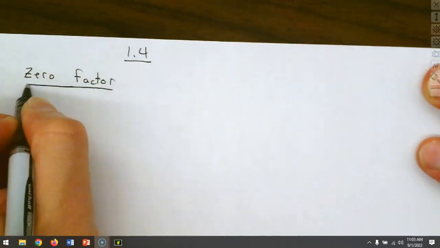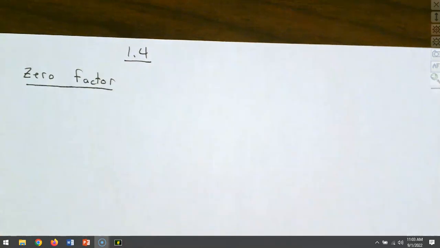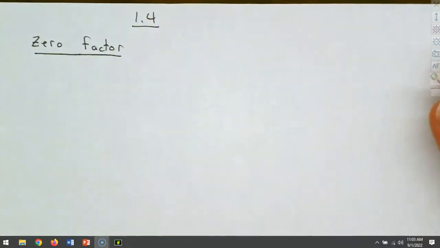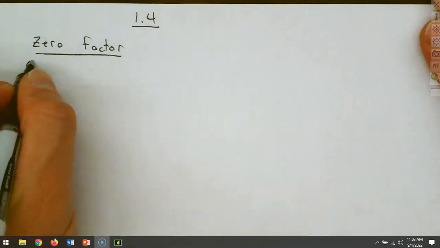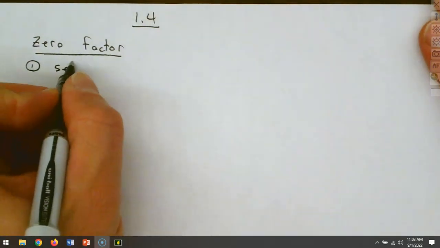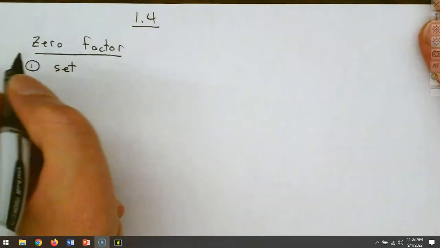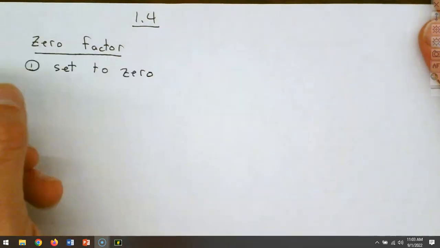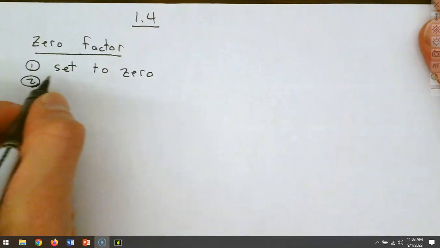So we're going to use what's called the zero factor property to solve some of these quadratics. And to use a zero factor, it's got the name implies what it is. For zero factor, step number 1 is you set the equation to 0. Step number 2 is you factor.